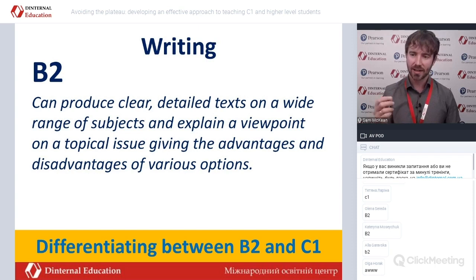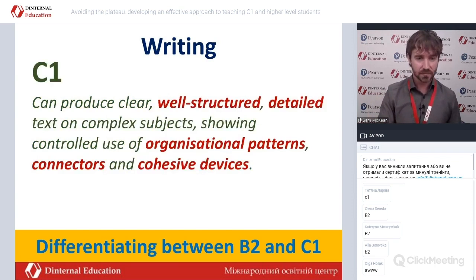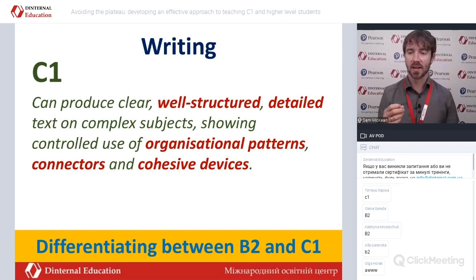If we look at the can-do descriptor for C1, we can see that by this level, students should be able to produce clear, well-structured, detailed texts.